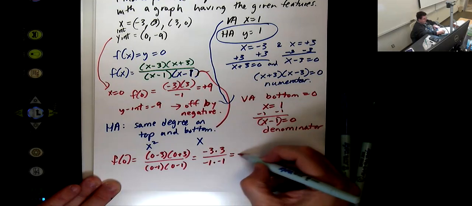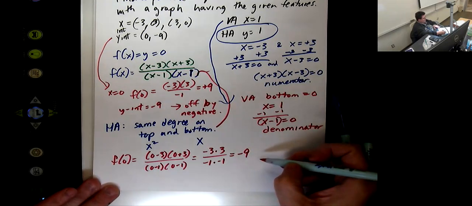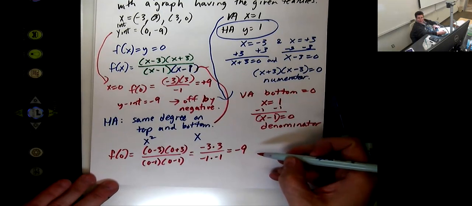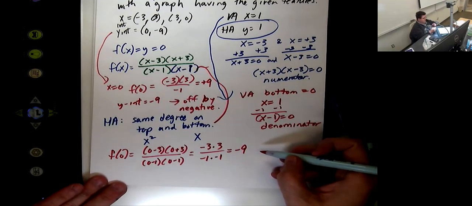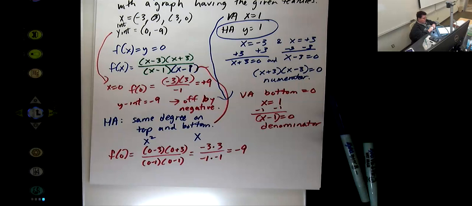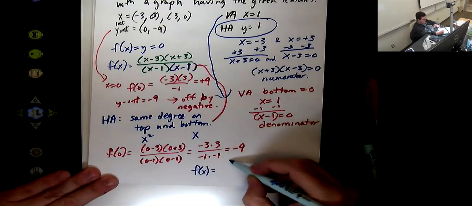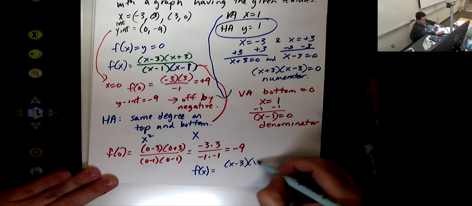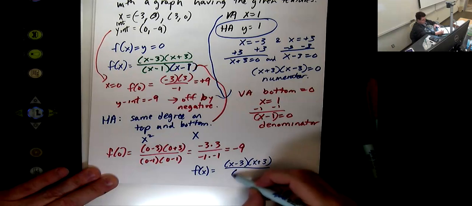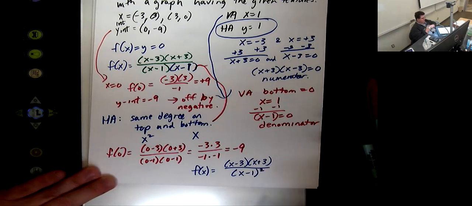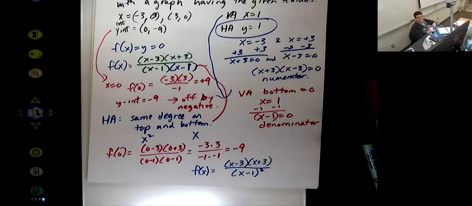I actually end up with -9 now. That did fix our y-intercept at the same time. So an f of x that would work, that has all of those criteria, would be x minus 3 times x plus 3 over x minus 1 squared. And they probably have this written as x minus 1 squared. And they do.